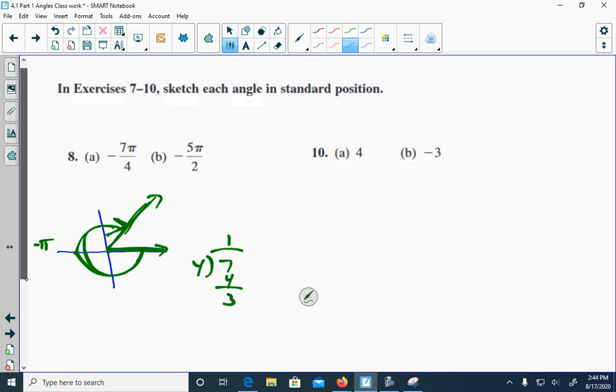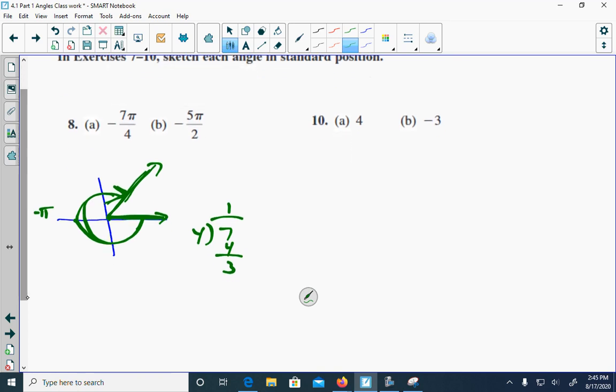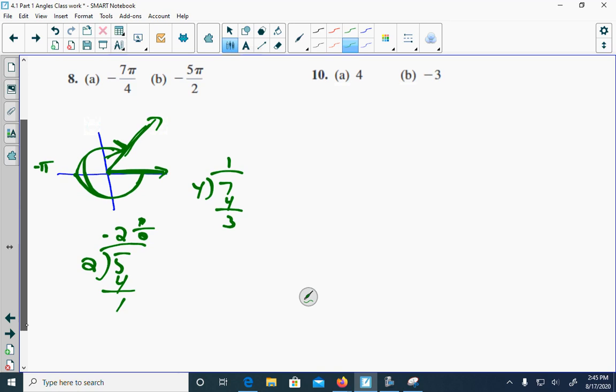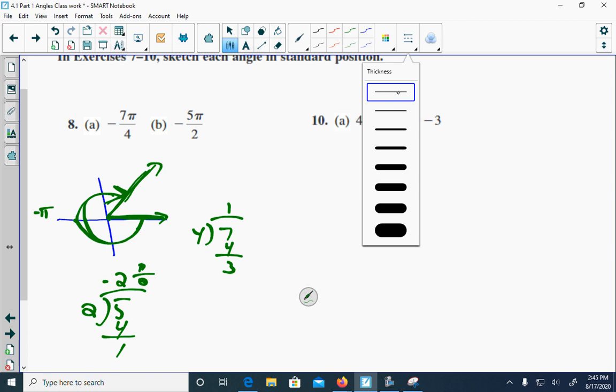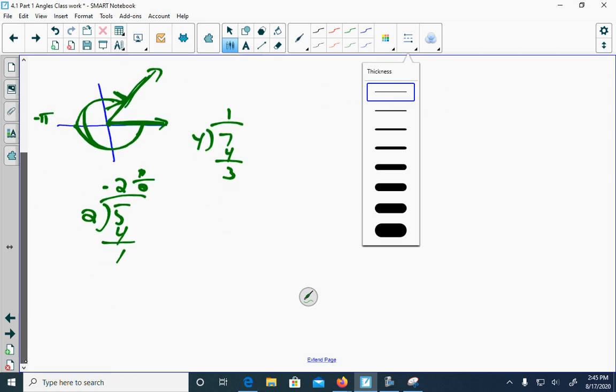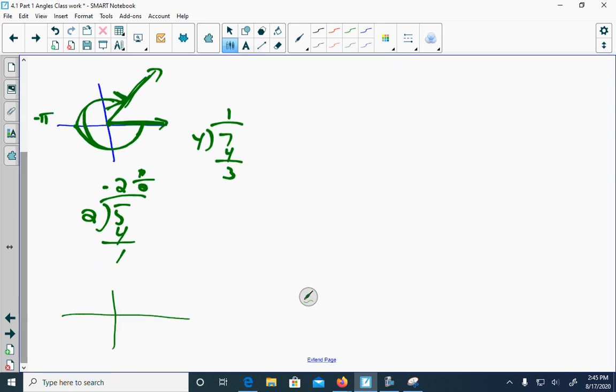Negative 5 pi over 2, I'm sorry, I read that wrong. So I'm going to take 5 divided by 2, 2 goes into 5 2 times. I have 1 left over, so this is 2 1/2. So when I go to sketch this, negative 2 means here's my initial side.